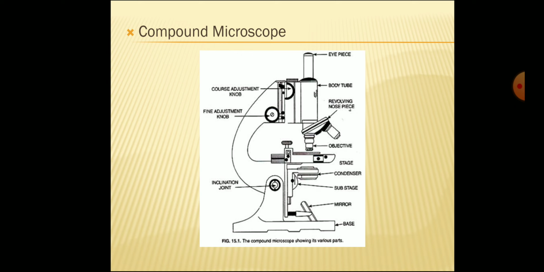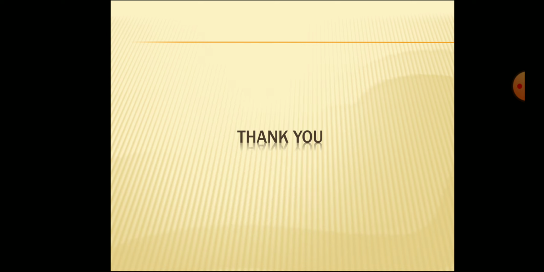It is inverted compared with the object and may be 1000 times larger than the object. In such a way, the compound microscope works and makes the objects larger than their original size. So in such a way the microscopic work is completed.